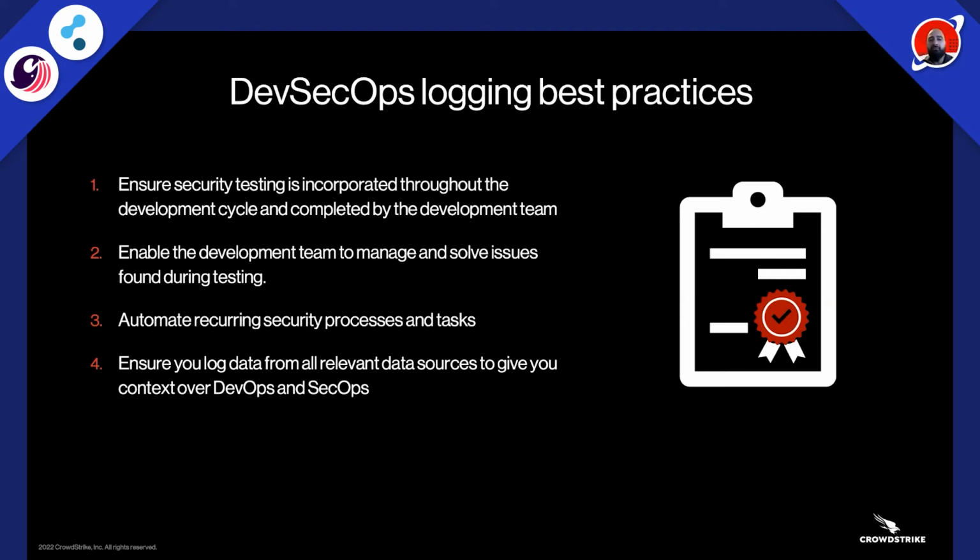And having a log management tool capable of reading and parsing logs and distinguishing between permitted and unauthorized activities is really crucial for both tracking each action within the system and creating confidence in the application and the DevSecOps process. And essentially, you want to make sure you log data from all the relevant data sources that you have to give you context over both DevOps and SecOps.